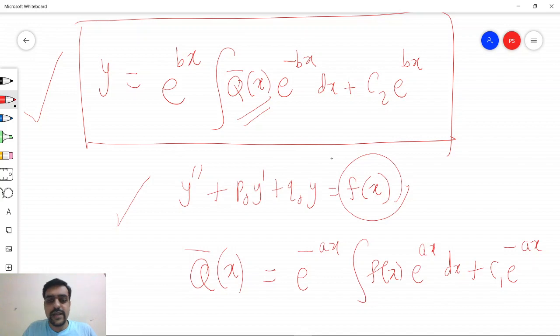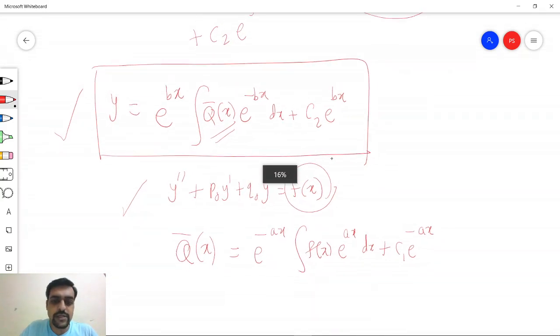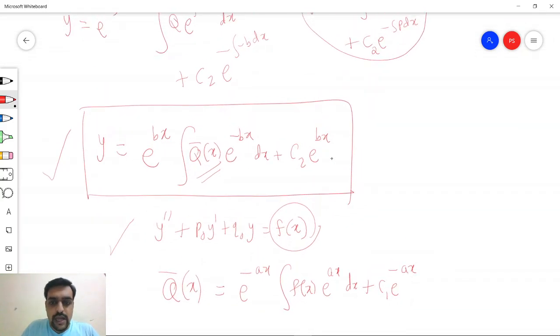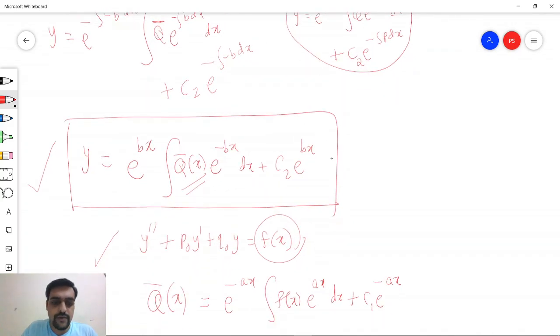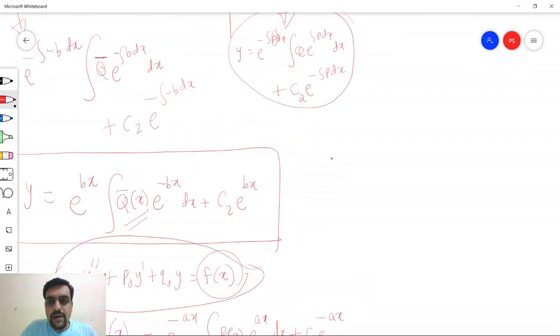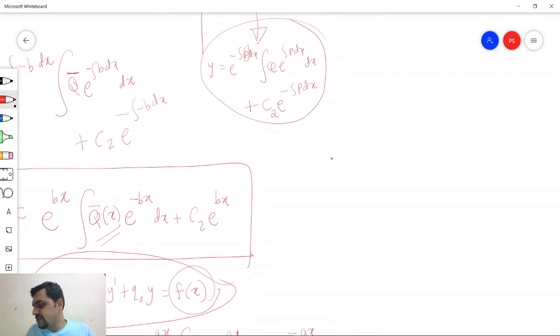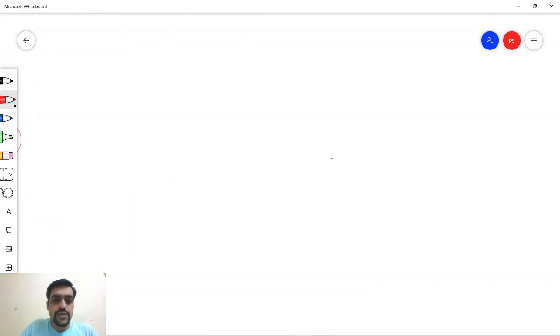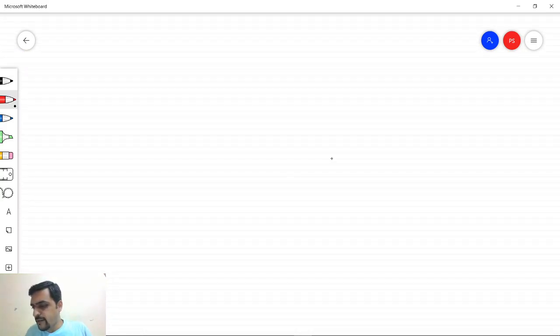It is a very tough or lengthy process from the mathematics point of view, but that can always be done for any general equation of this type. That is why people always prefer to guess a solution. So let us go through an example to get a feel of it.